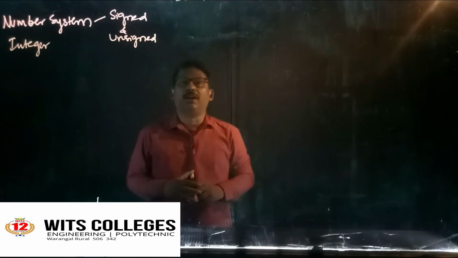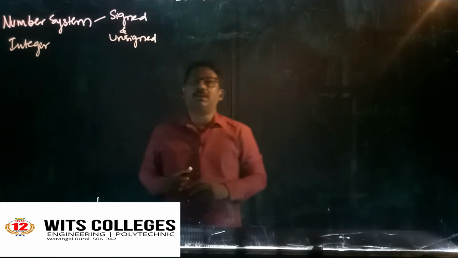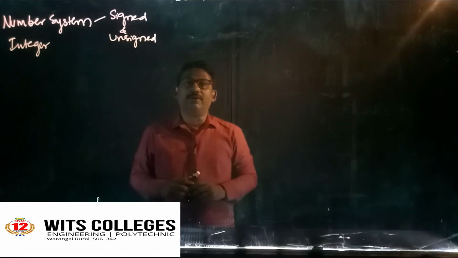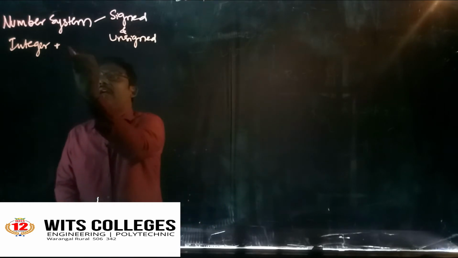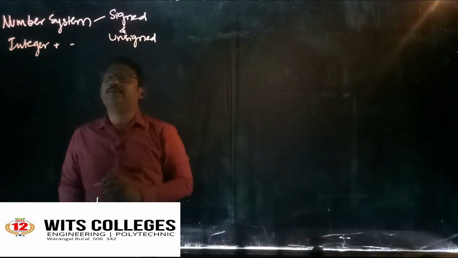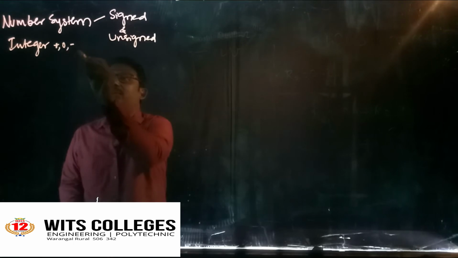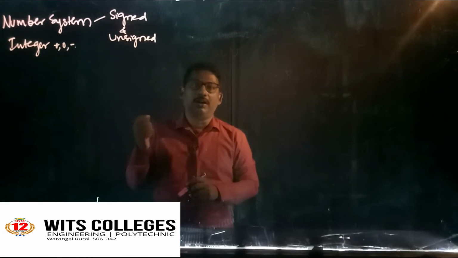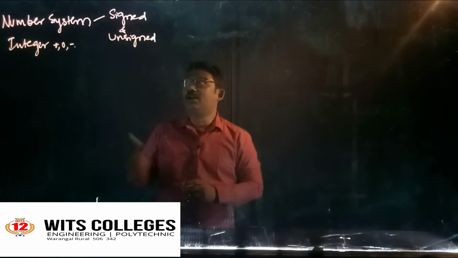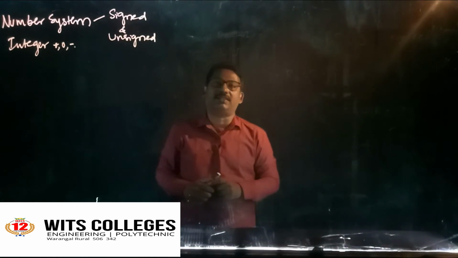In computer terms, real is called float. An integer is all positive and negative numbers including 0, whereas a real number is a fractional number with decimal points. For integers there are two kinds of number system, signed and unsigned.